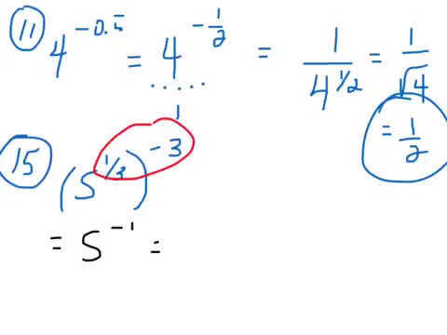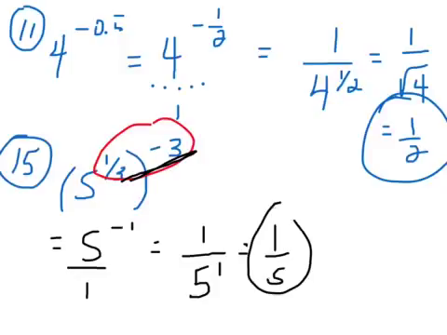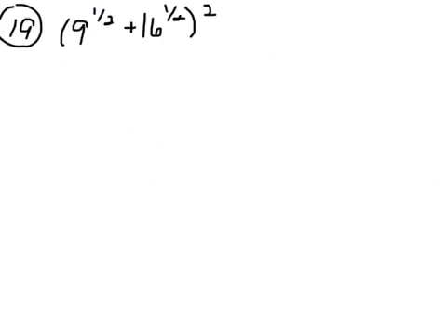So you could do this a lot harder way, but this is the easiest way to do it, is use your exponent rules. Well, 5 to the minus 1 power means draw a fraction bar, because it's really on the top of a fraction. We just don't write it that way. And move it to the bottom and make the exponent positive, fill in with a 1 on top, and you just get a 1/5.